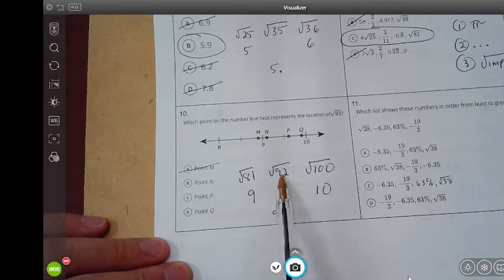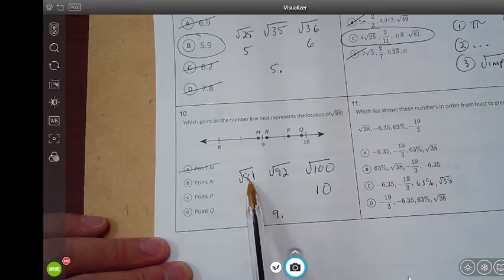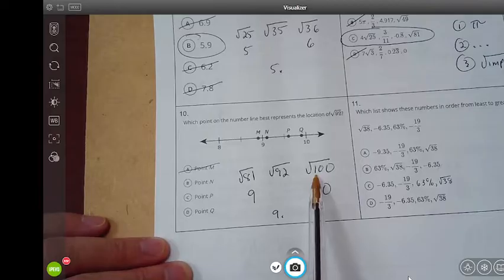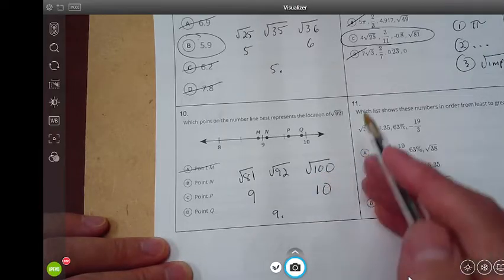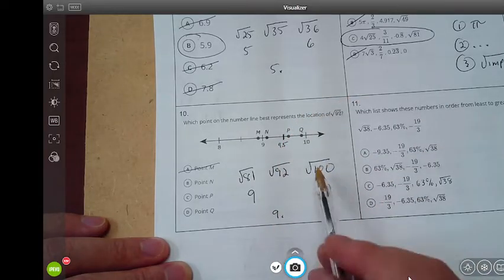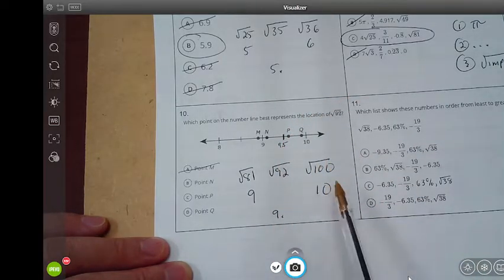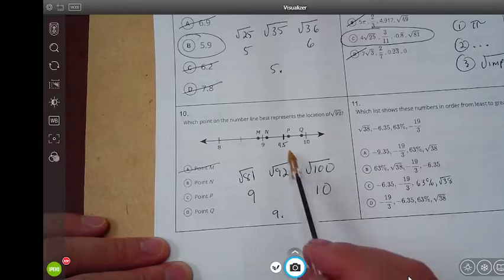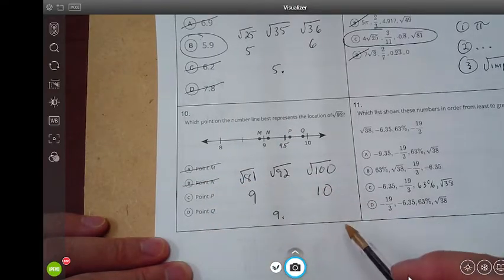Square root of 92 is 11 away from square root of 81. It's 8 away from the square root of 100. So it's going to be bigger than 9.5. Right, this right here is going to be 9.5. Since this has to be bigger than 9.5, N is not going to be an option.